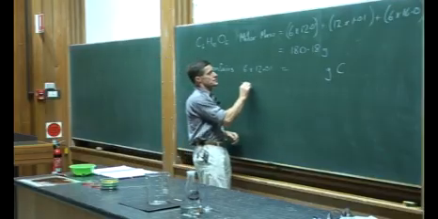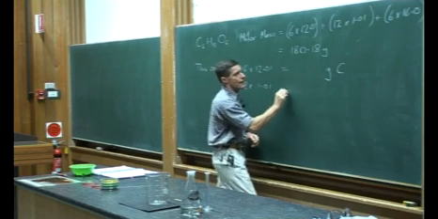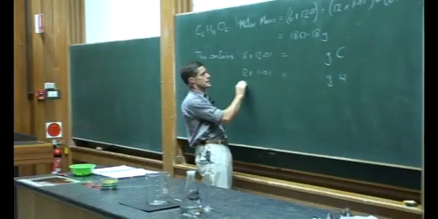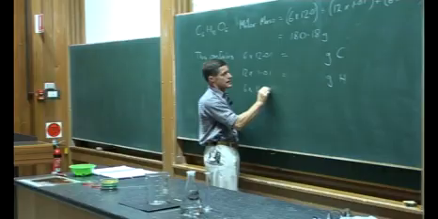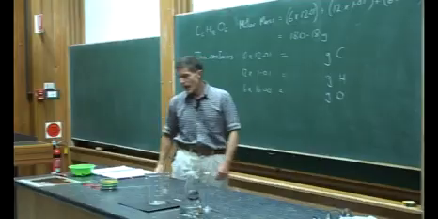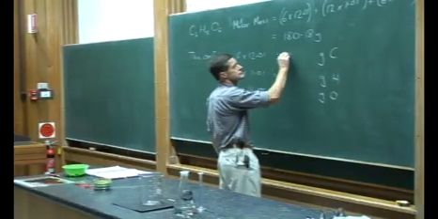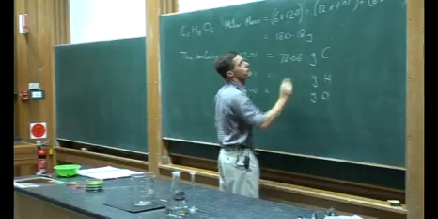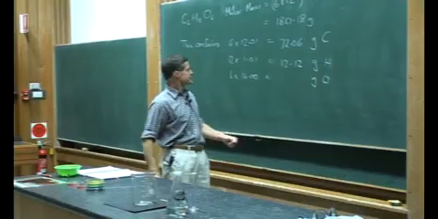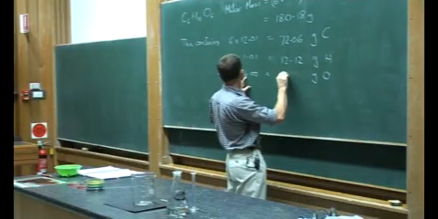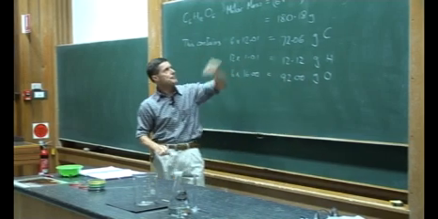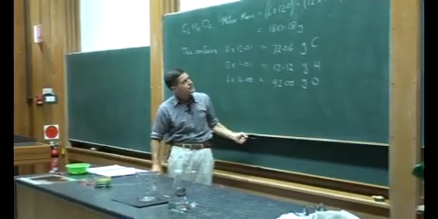It contains 12 times 1.01 grams of hydrogen and 6 times 16 grams of oxygen. And if I work that out, I end up with these figures, which of course add up to 180.18 grams.